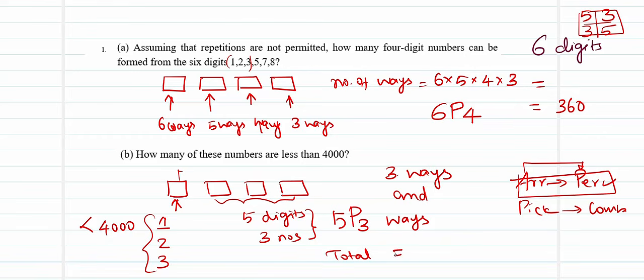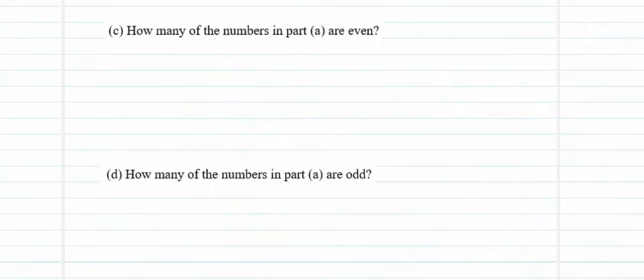Whenever you have an 'and', you will have to multiply. Keep this in mind. This is what you call the product rule. So it is 3 into 5P3. This 5P3 can be estimated using your calculator, and when you multiply it with 3, your final answer will be 180.